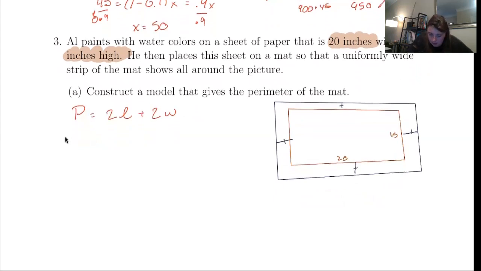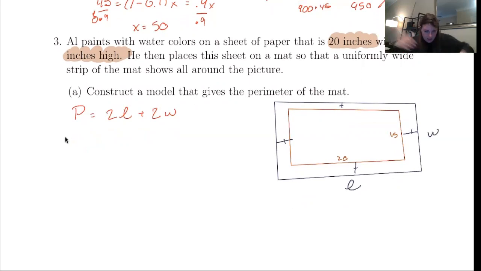What is going to be our length? I know that it's at least 20, and then I'm adding how much onto either side. So here's my length. Oh, I guess this is my width. It feels weird.